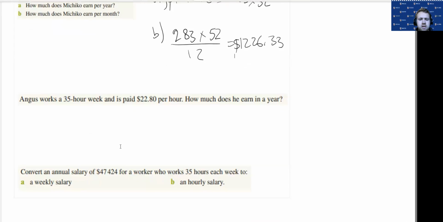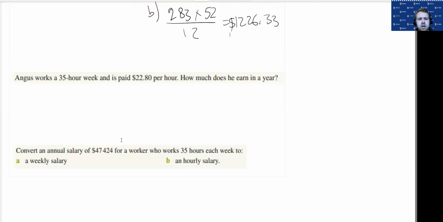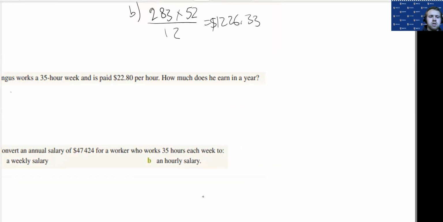Let's look at a few more examples here. Here we have a wage, a 35-hour week paid $22.80 an hour. We need to find out what they earn in 1 week. So it's going to be 22.80 times 35 to give us the amount they earn in a week.